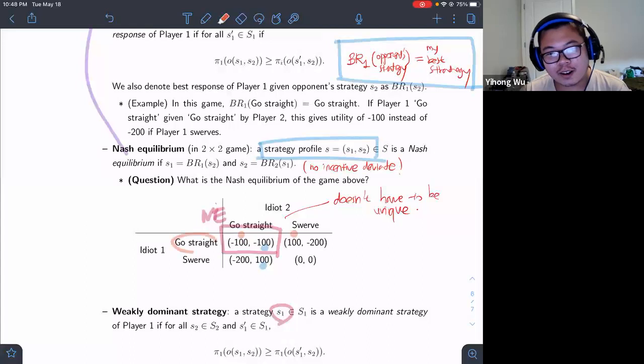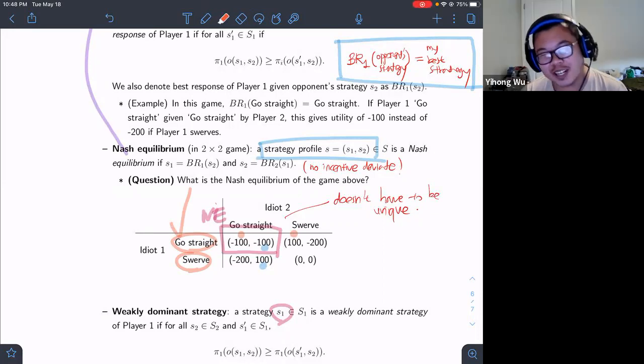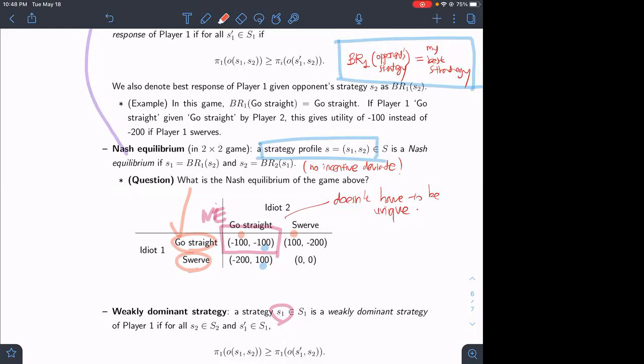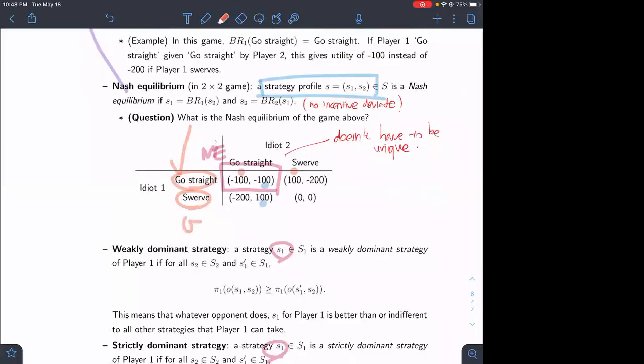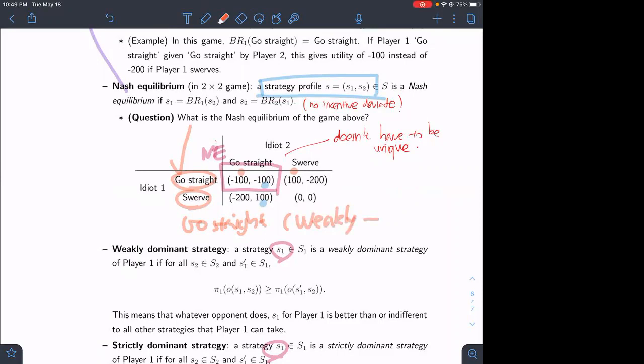I think going straight is the dominant strategy. Very good. And I think it's a strictly dominant strategy rather than weakly dominant. So for player 1, as you said, going straight is both weakly and strictly dominant.